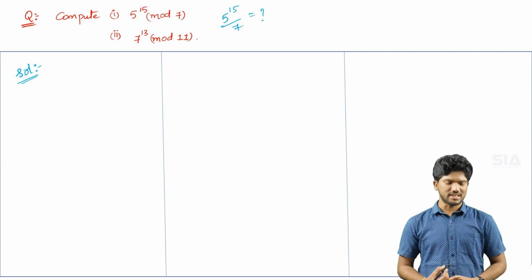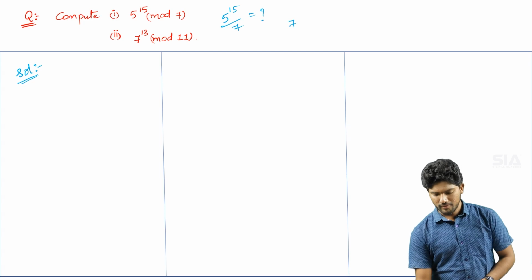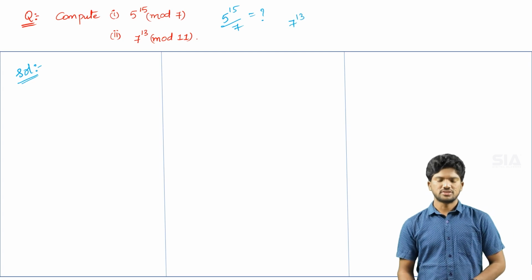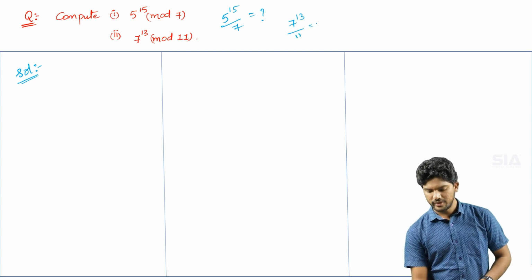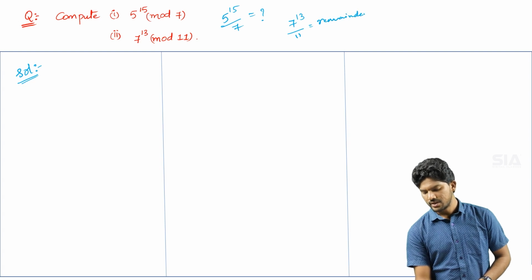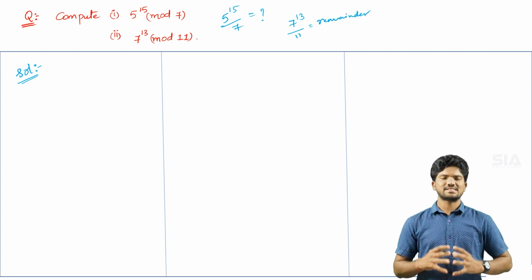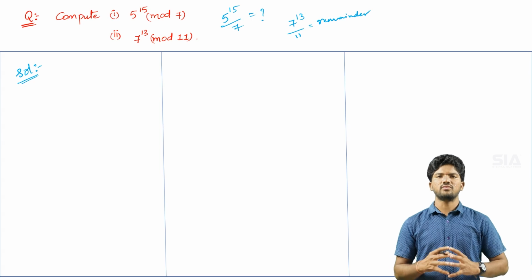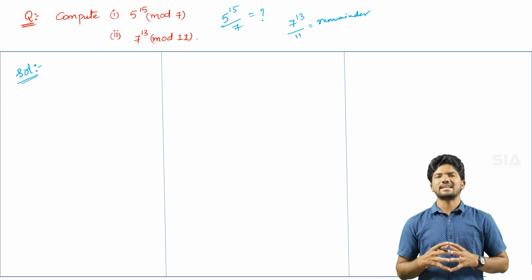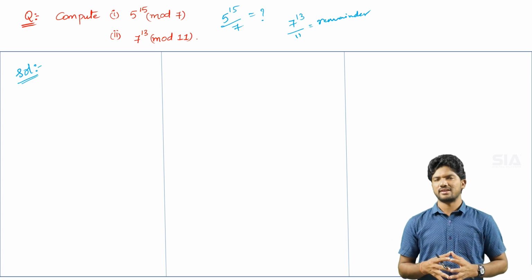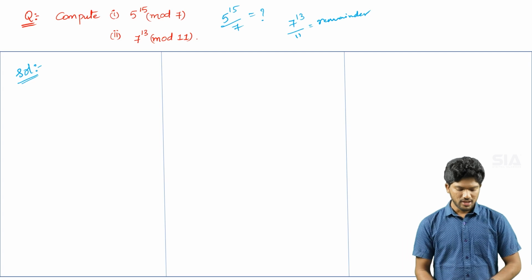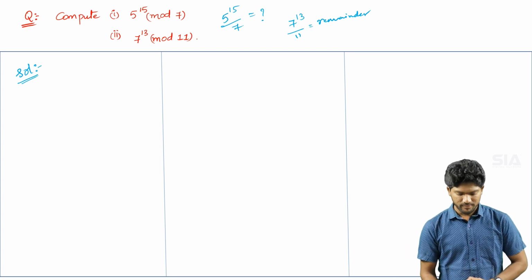The second problem is also to find the remainder when 7 power 13 is divided by 11. That is our aim. To solve all these types of problems, we commonly use Fermat's little theorem that we discussed in the previous lecture. Now let's see the solution of this problem.